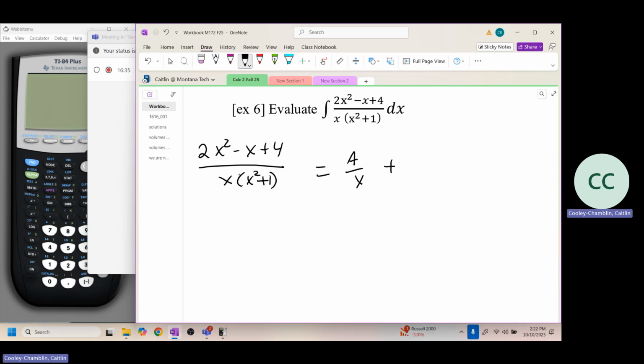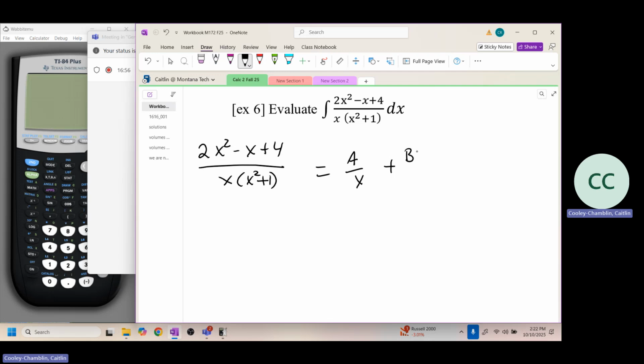Well, when we have an irreducible quadratic, what we want to do is give it two sets like we did before. We had an x squared in the bottom, so we had an x and then we had an x squared. But this whole factor isn't squared, but we want to give it an extra piece. So we can do that on top.